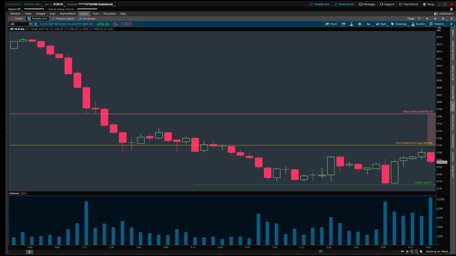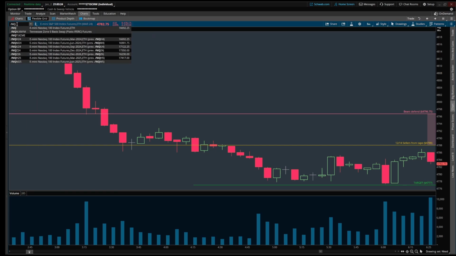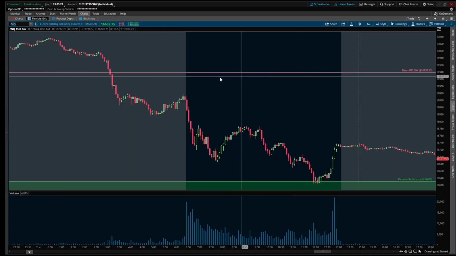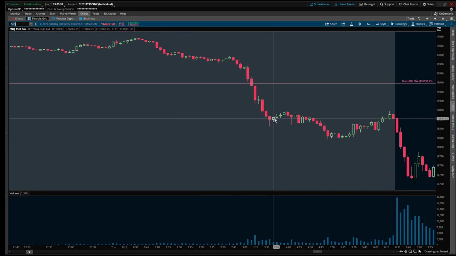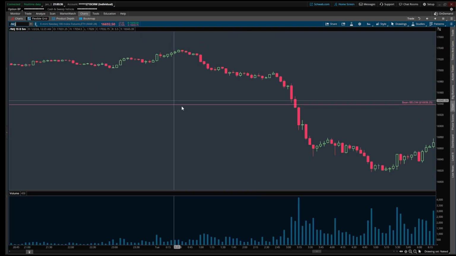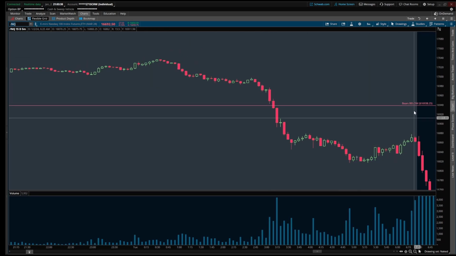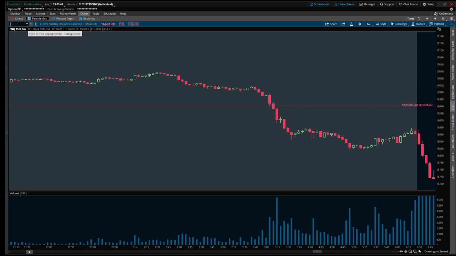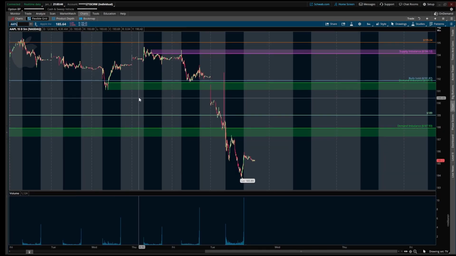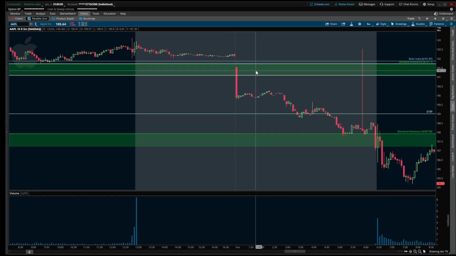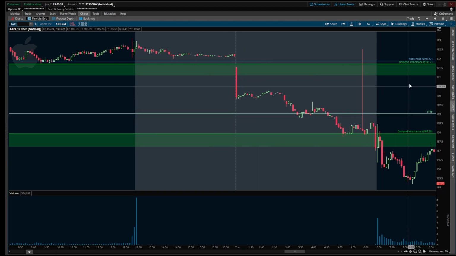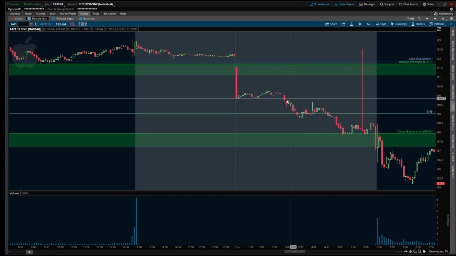So what I was watching for was any rallies to fail into this level, and at the same time for extra pieces to the puzzle, NASDAQ was below my bears below level and was showing relative weakness throughout the pre-market session and throughout the morning session as well. And then Apple was gapping down below my demand imbalances, and mainly the 189 and 191 level that the bulls were unable to hold.